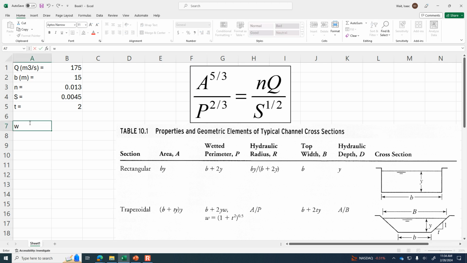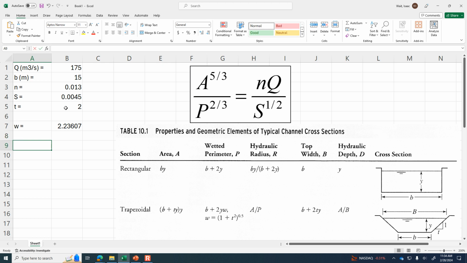So W, the wetted perimeter factor, equals (1 plus T squared) to the power of 0.5. All right, so we've got W determined.